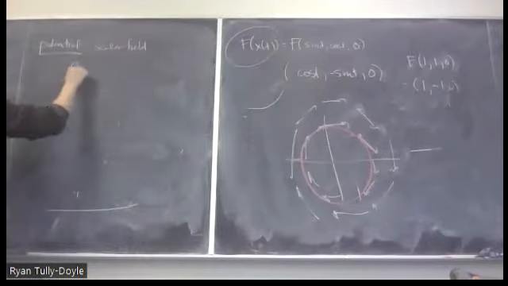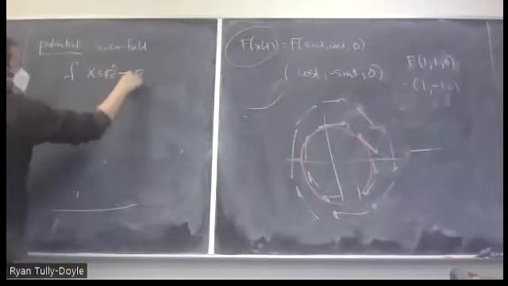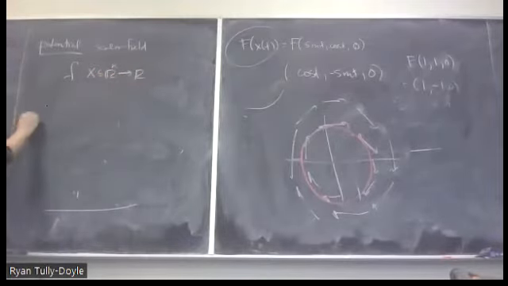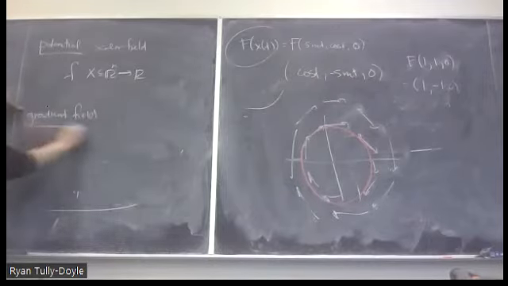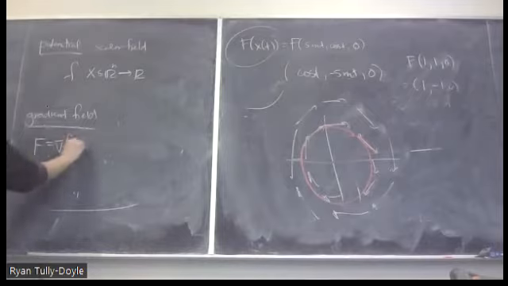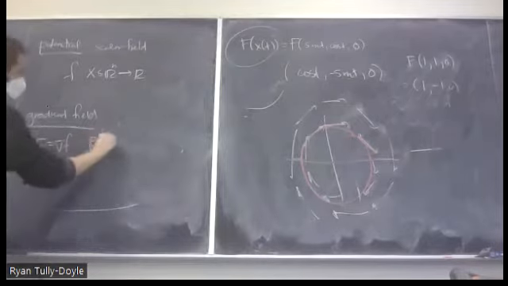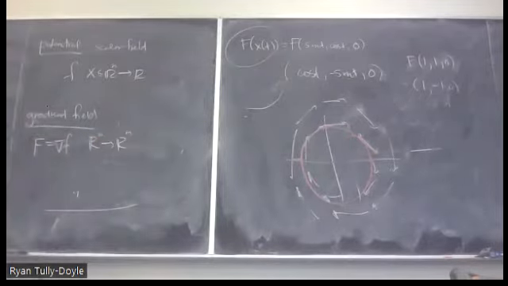So f acting from X in Rn into R. And then there's the vector field attached to it, or the gradient field. Potentials turn into gradient fields by looking at capital F, which is the gradient of little f. And those take Rn into Rn.